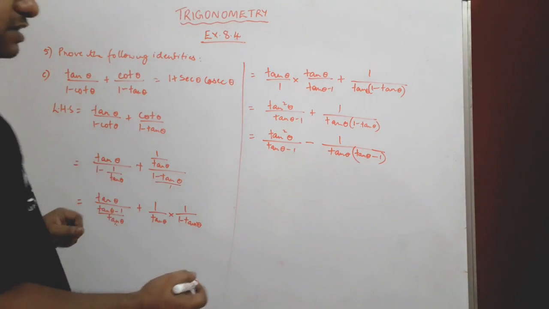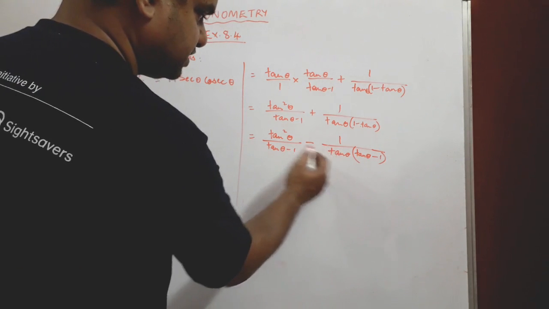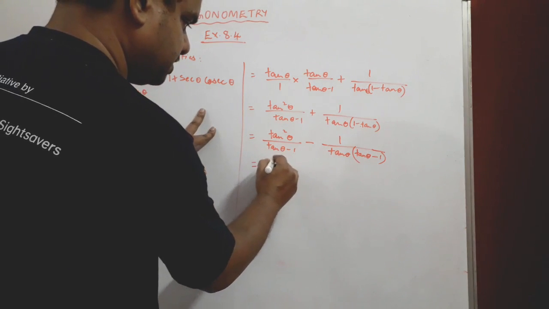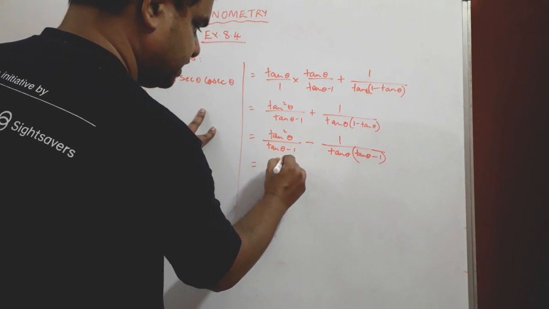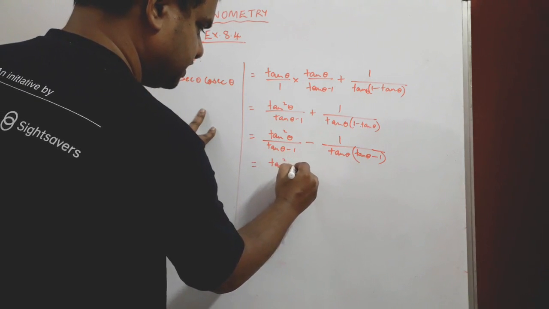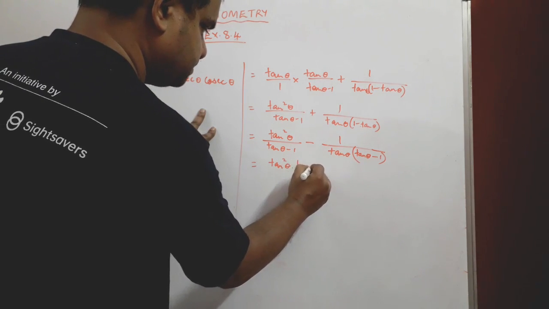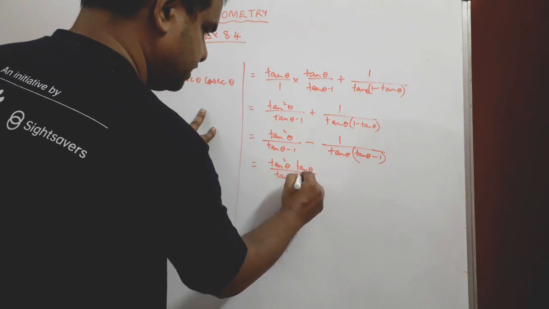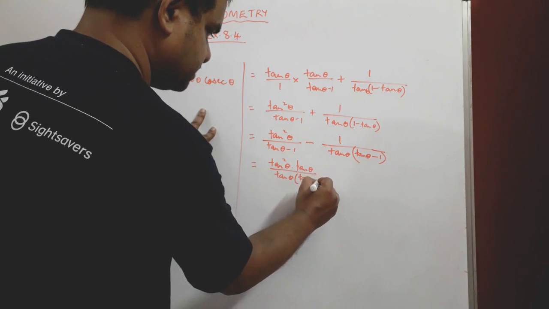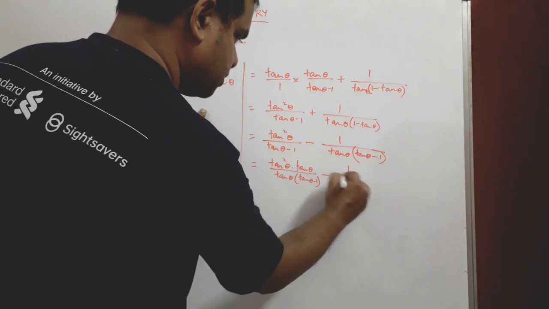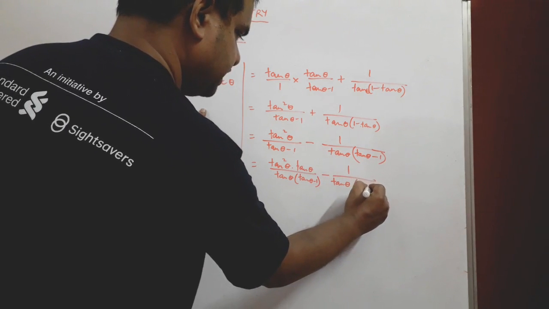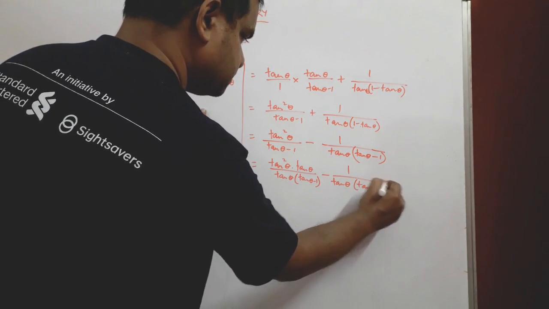If we want to take the LCM, this is the only thing that is extra, which has to be multiplied with this term. So we get over here tan square theta into tan theta, whole thing upon tan theta into tan theta minus 1, minus 1 upon tan theta into tan theta minus 1.